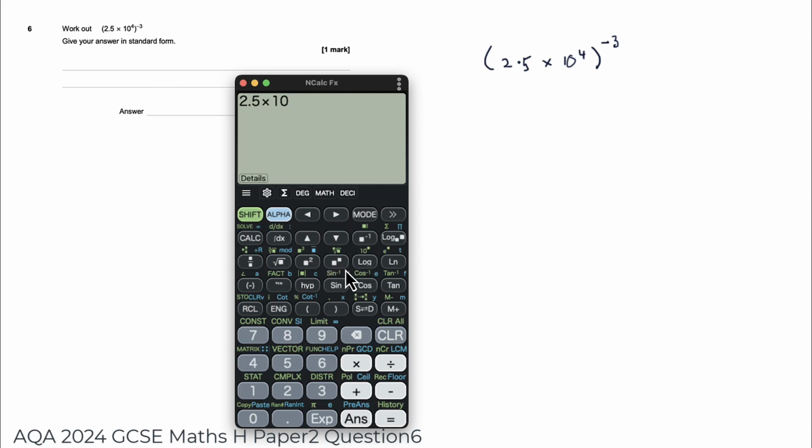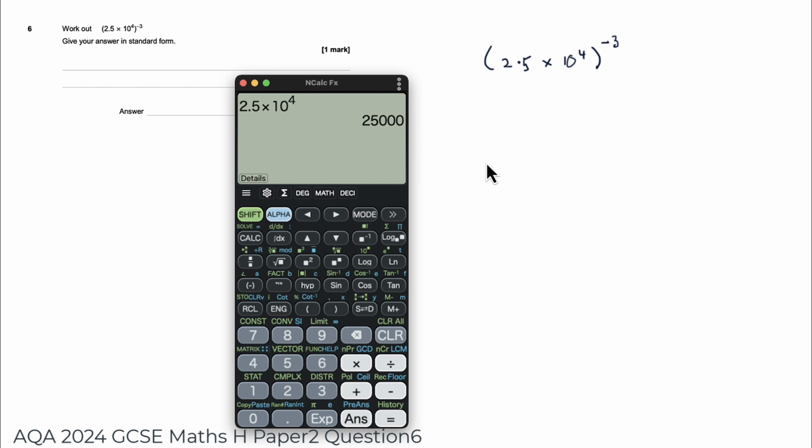Find out on your calculator what the raised to the power button looks like. And when I press that button, up pops a little box for that index 4. So I then press 4, and that's me entered that standard form number in my calculator. And when I press equal, out pops the value of that number written as a normal number.